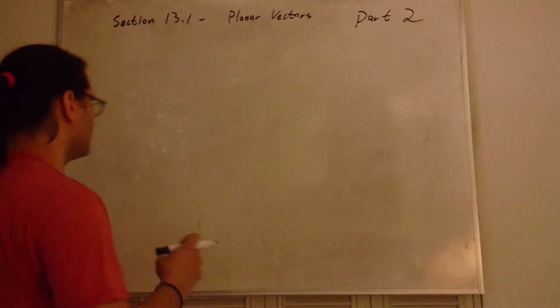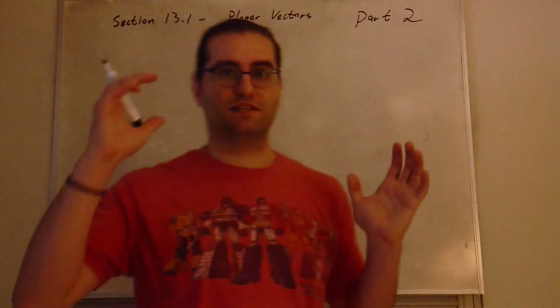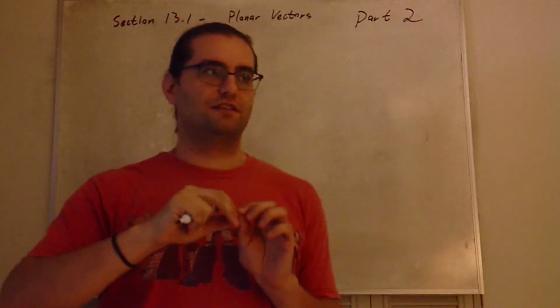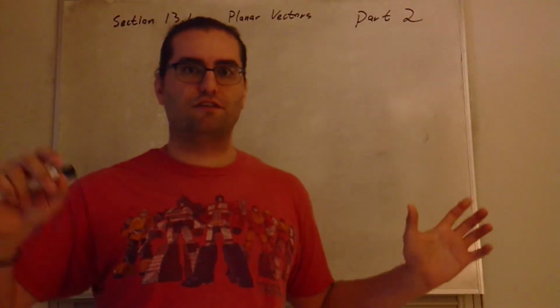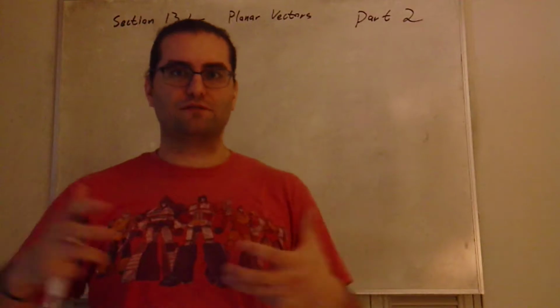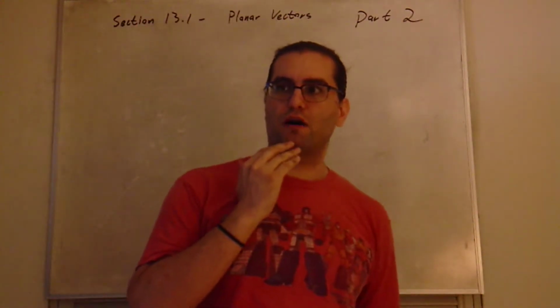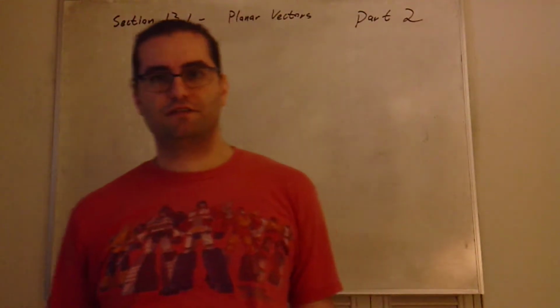We said that magnitude is like the size of the vector. If you're dealing with a position vector, it is the distance that you travel. If you're dealing with a force vector, it's the amount of force that vector is applying. Vectors get used a lot to model the flow of things.